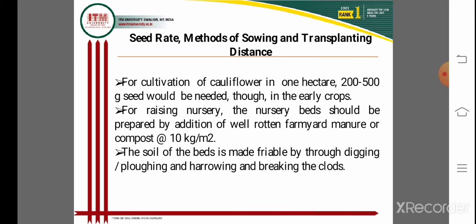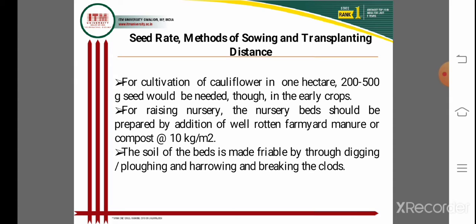The carbon percentage is very important, and decomposed FYM can be used in the nursery for good growth and development of the seedlings. It is good for healthy plants and the availability of nutrients in the soil.